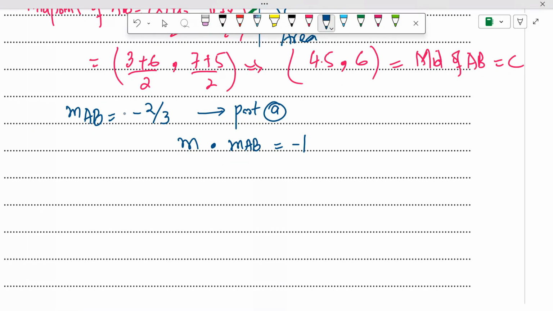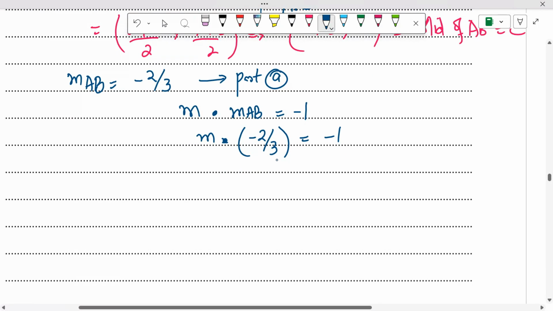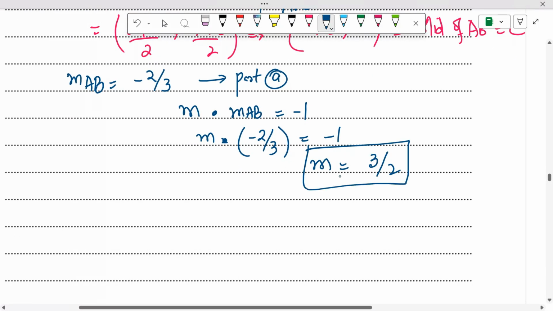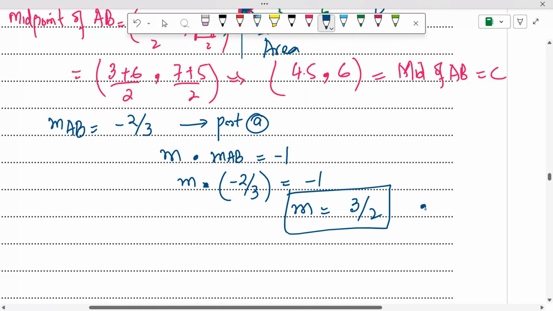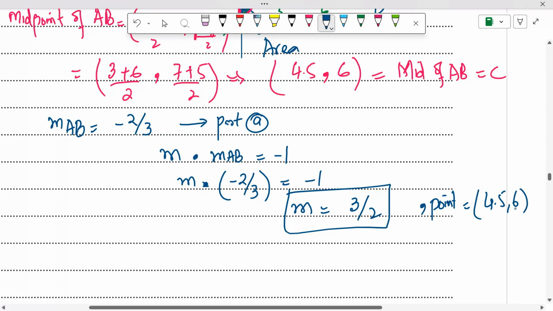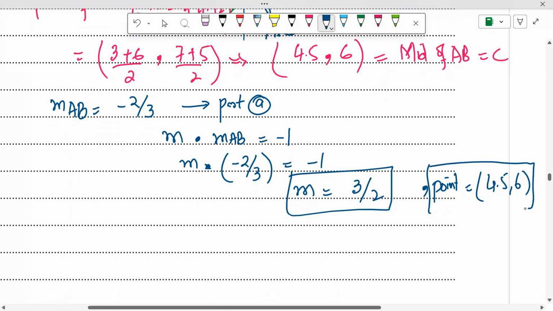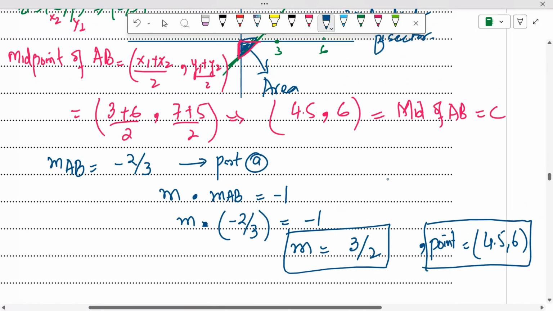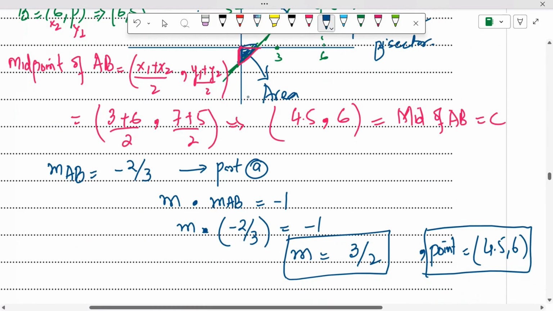Plugging in the slope of AB, which is -2 over 3, we have m times -2 over 3 equal to -1. So the slope of the perpendicular bisector is 3 over 2. So we have the slope and we have the point, (4.5, 6). So we can use the slope-point form to find the equation of the perpendicular bisector.